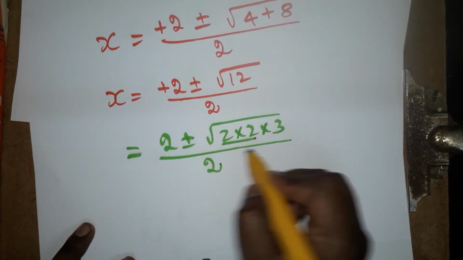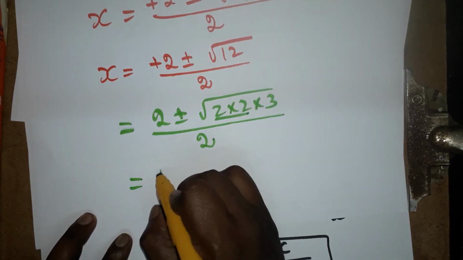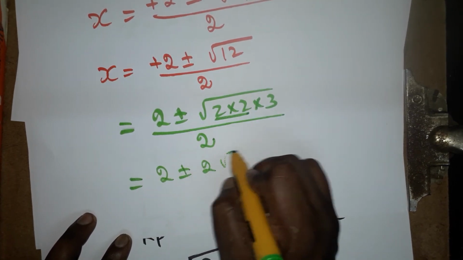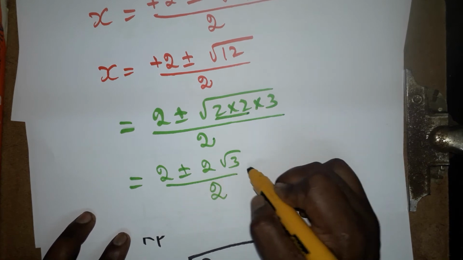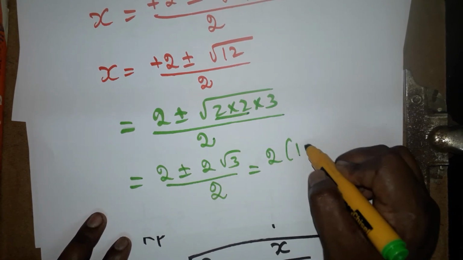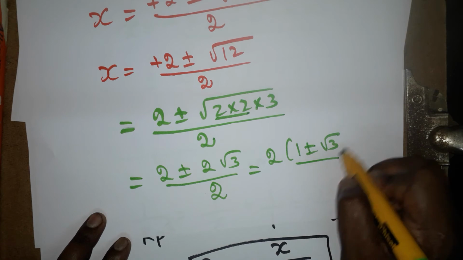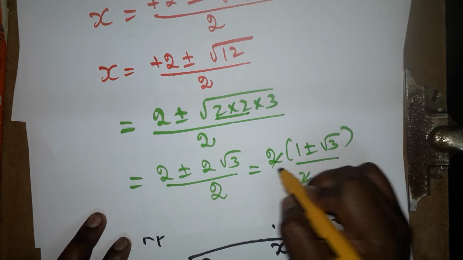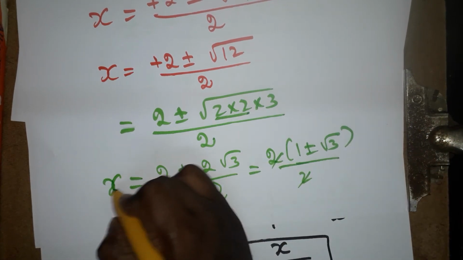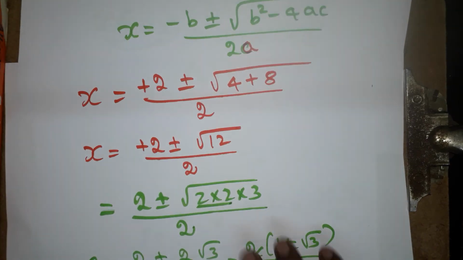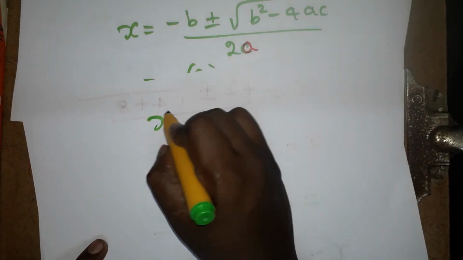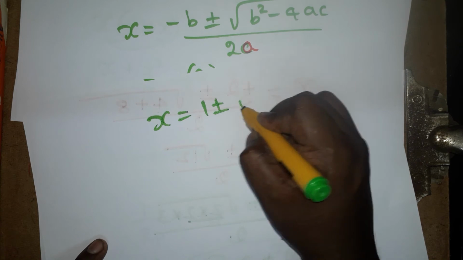Now the square root of 2 into 2 you can take 2 outside, so 2 plus or minus 2 root 3 divided by 2. Now 2 take common outside, it's going to be 1 plus or minus root 3 divided by 2. So 2 gets cancelled. Now we get x is equal to 1 plus or minus root 3.